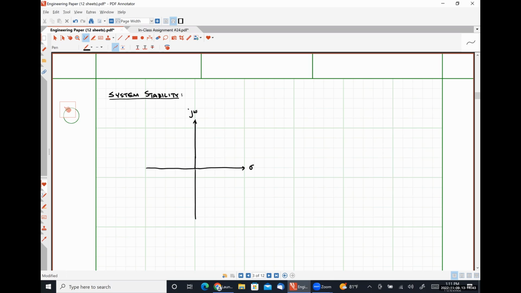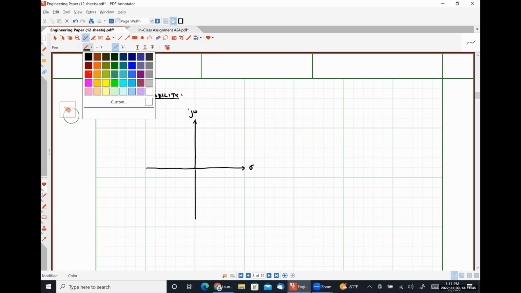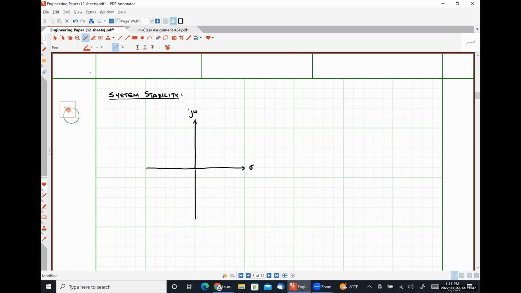So let's start by looking at what happens if we have a pole that is negative and real. So for a negative real pole, our response is going to be that of an exponentially decaying transfer function.